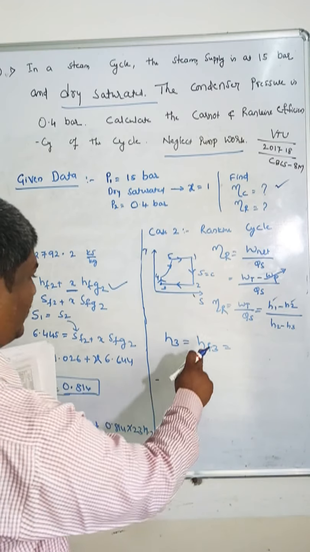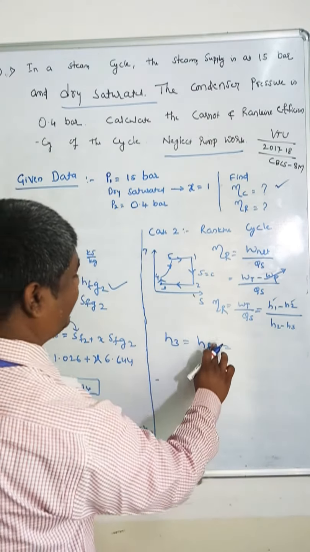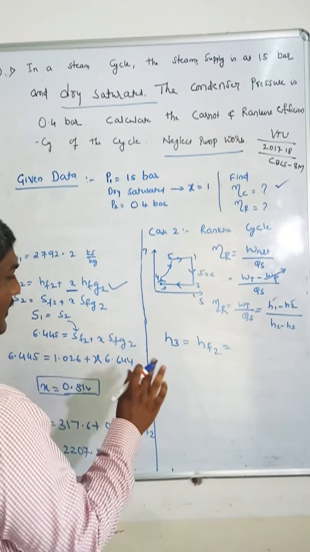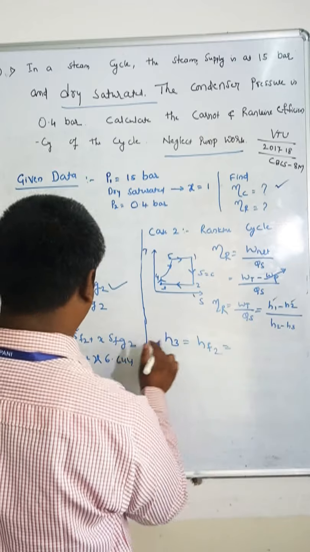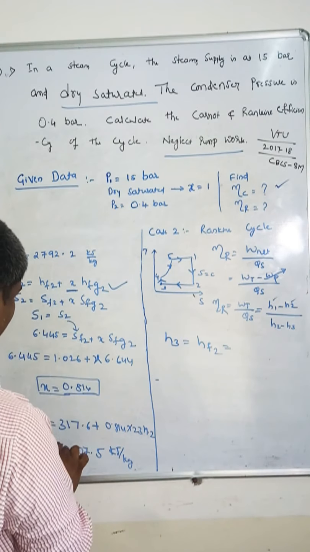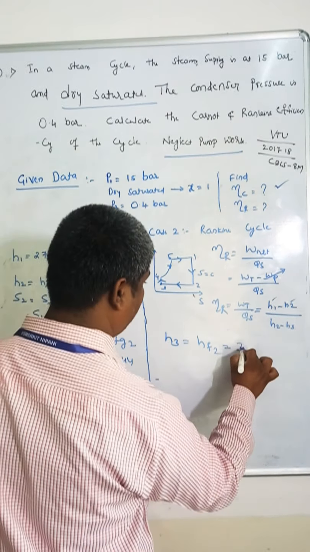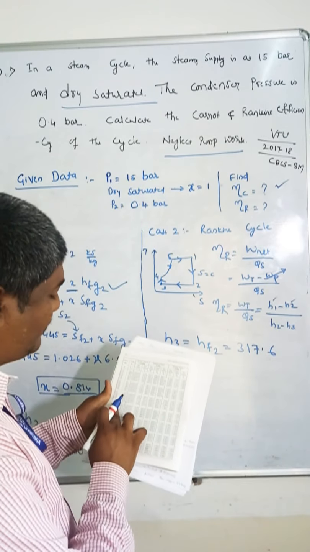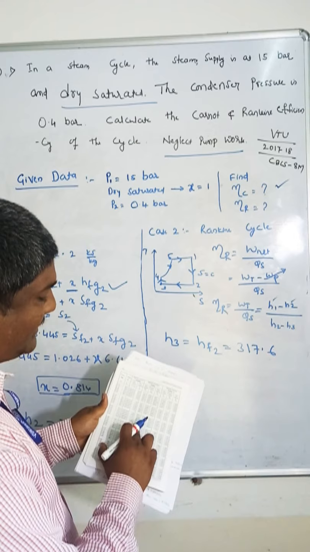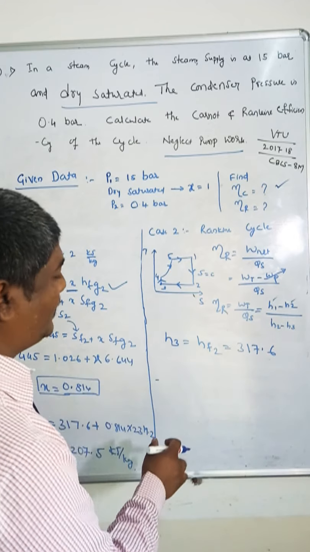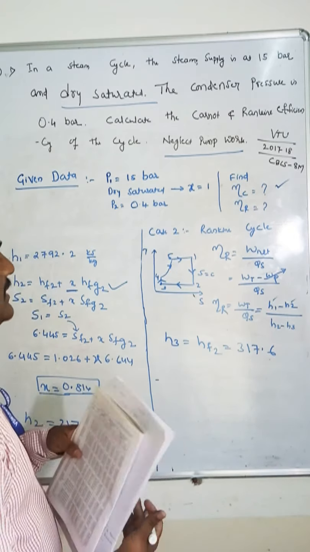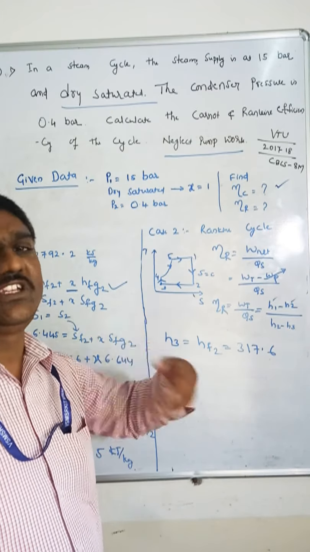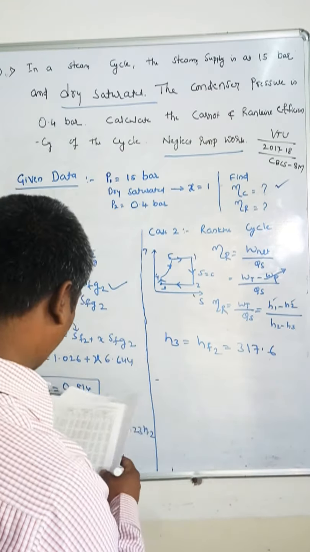So H3 is equal to HF2 directly, without finding any. H3 is equal to HF2, 317.6. Or if you want to check from the steam table, at 0.4, 317.6 is HF2. So in further problems, don't try to calculate H3 as HF3. H3 is equal to HF2. Directly you can take it.